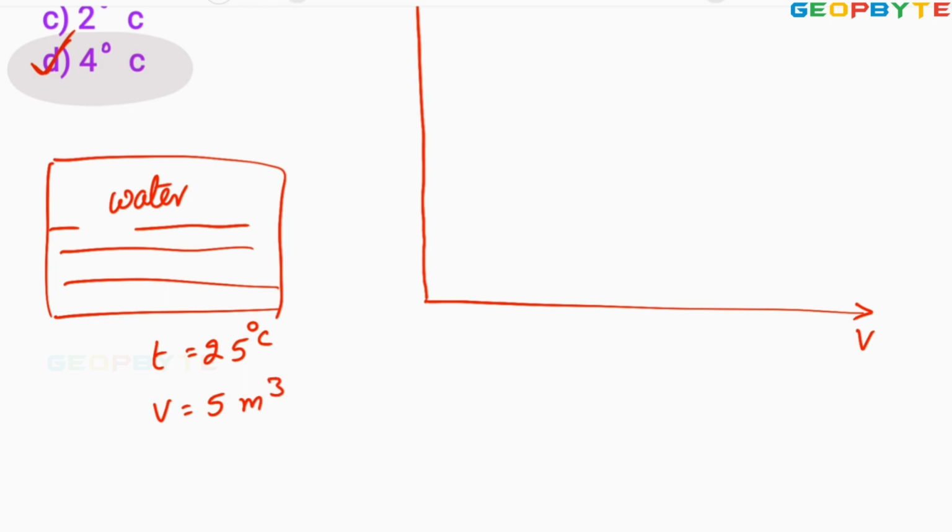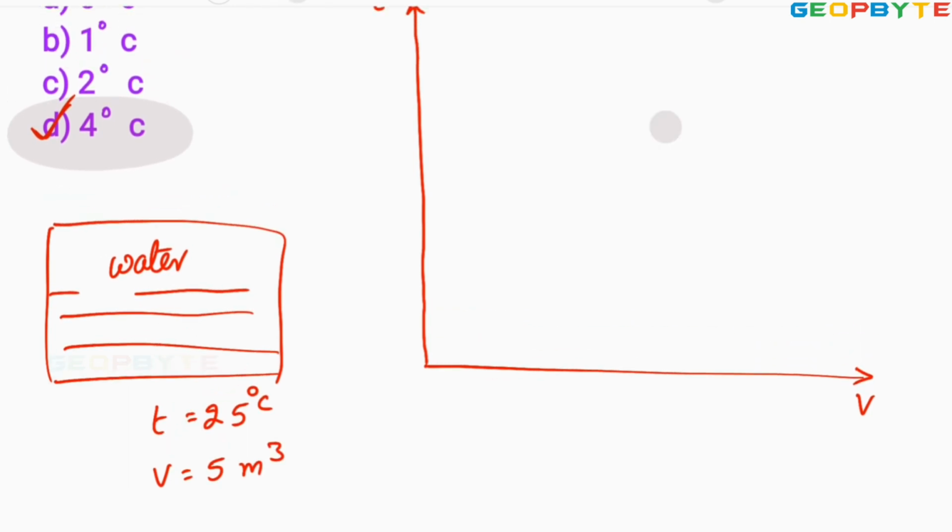Corresponding to that information, you mark the state of the water. This may be the state of the water, with temperature 25 degrees centigrade and volume 5 meter cube.